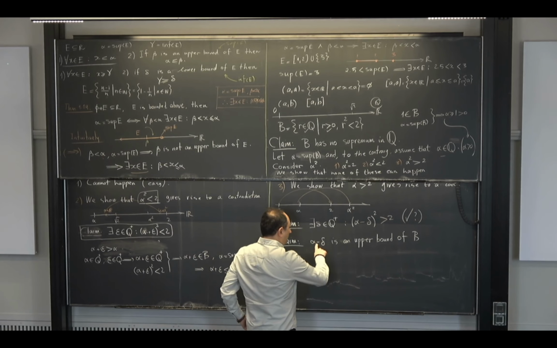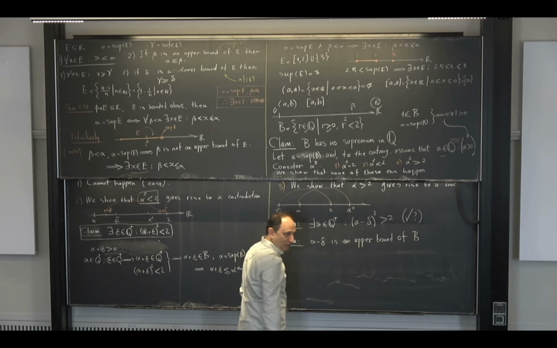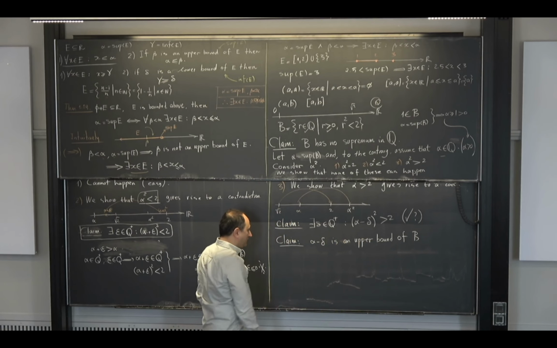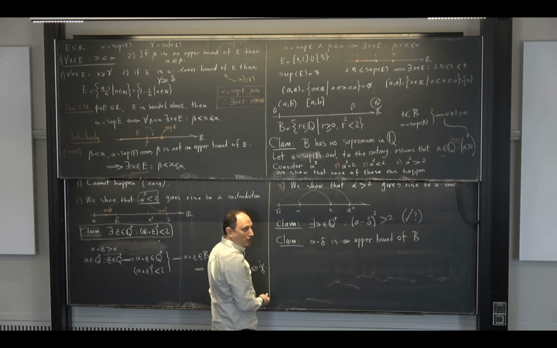So how can I prove that alpha minus delta is an upper bound? This is a very technical theorem. Let us say it is not.